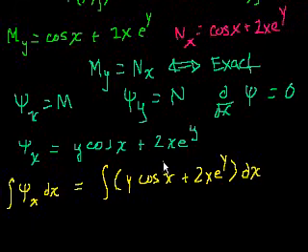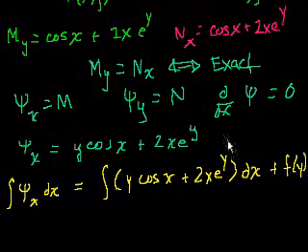Normally when you integrate with respect to x, you'd say, okay, plus c, right? But it actually could be some function of y here in general, since this was a partial with respect to x. We treated y as a constant, and that makes sense, because if you were to take the partial with respect to x of a function that is only a function of y, you would have gotten a 0.